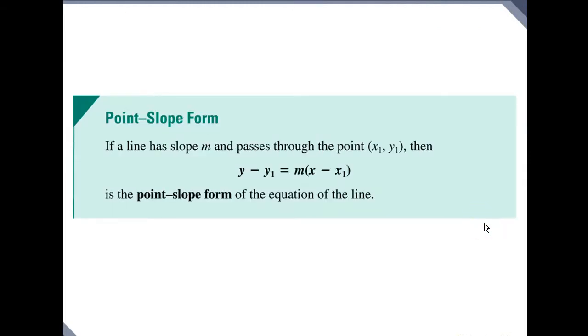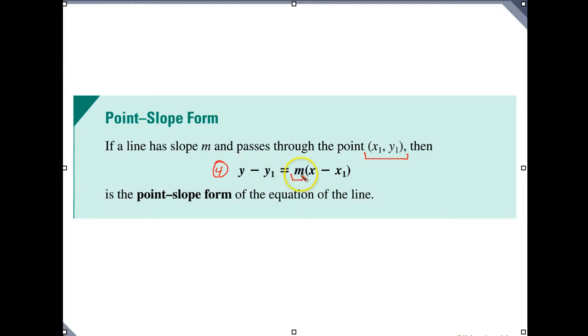All right, this was another formula. I had left this one blank also. This is called the point-slope form of the linear equation. Now suppose you know one point, one ordered pair, and you know the slope.